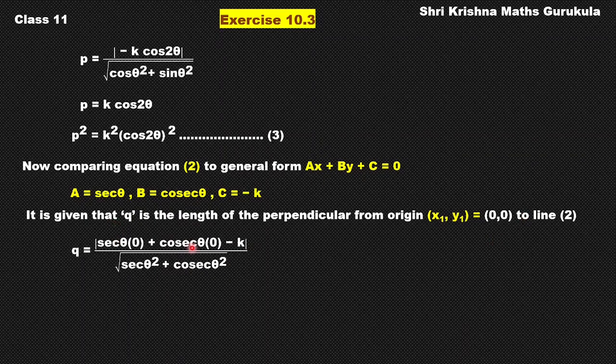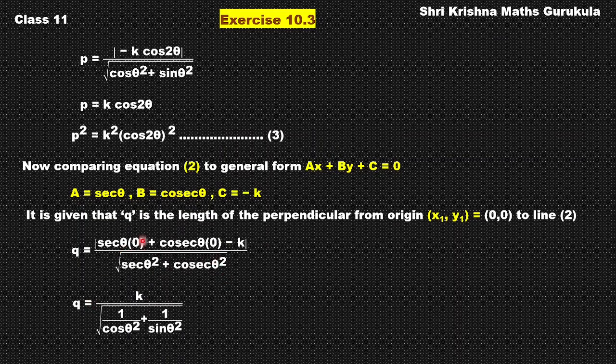These two terms will become 0. We'll be left with only minus k in the numerator divided by square root of coefficient of x square plus coefficient of y square, which will be square root of secant square theta plus cosecant square theta.